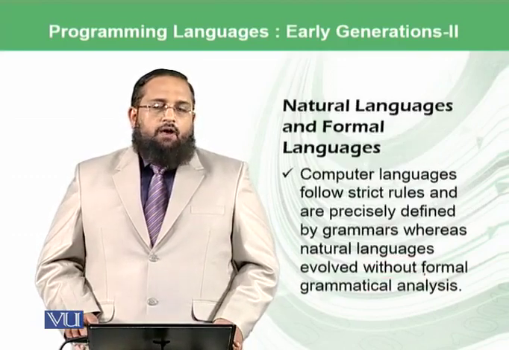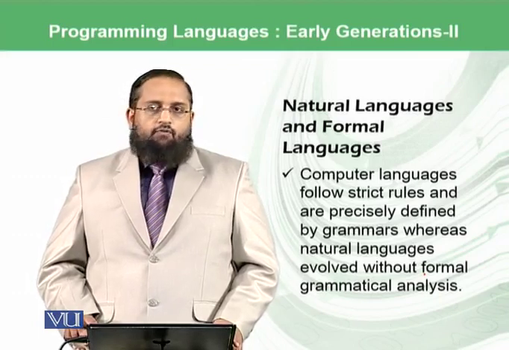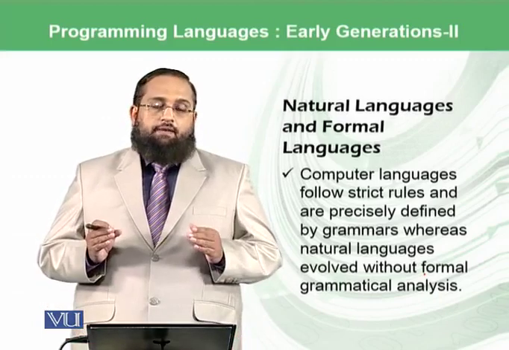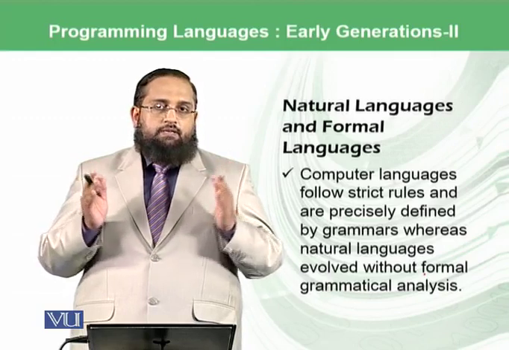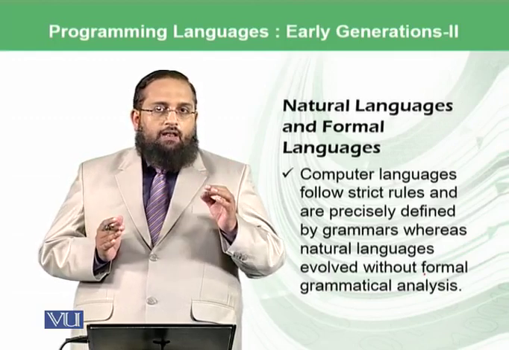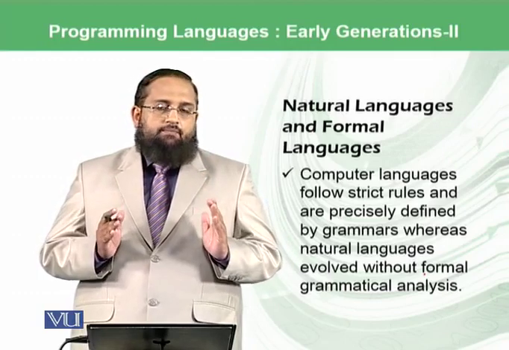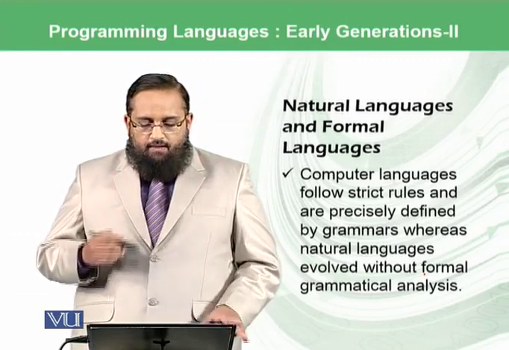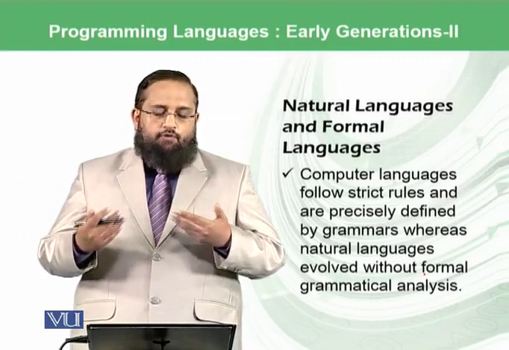And then we should also understand the difference between natural languages and formal languages. Programming languages are written in a formal language, in which we are restricted to using some rules. We are not allowed to deviate from those rules defined by the formal language. However, natural languages evolved when humans communicate.